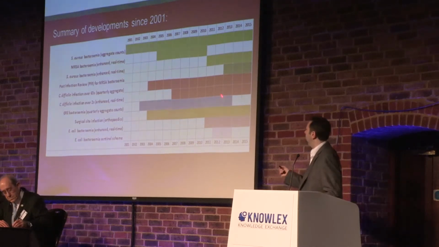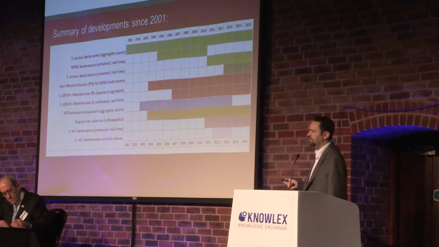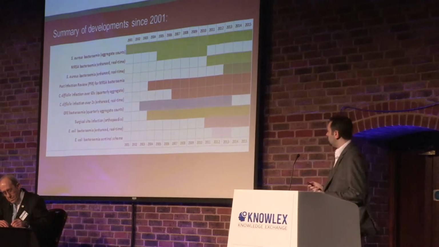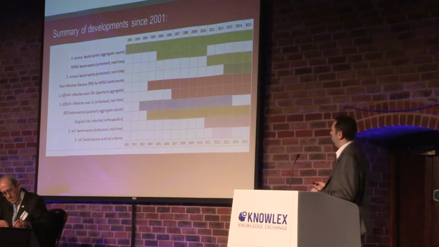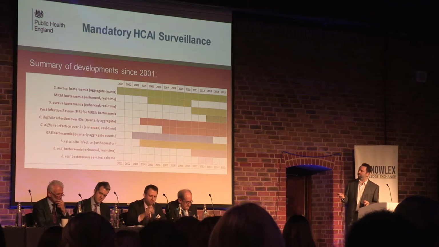The mandatory surveillance started in 2001 with MRSA, and initially it was just aggregate data collection, and this progressively over time has changed to become a case-level surveillance program. So now we know information about individual patients, exactly when they get their infections, etc., where they are when they get their infection.